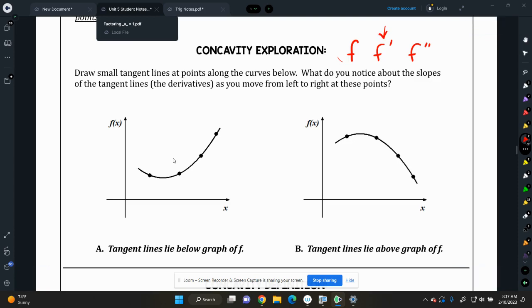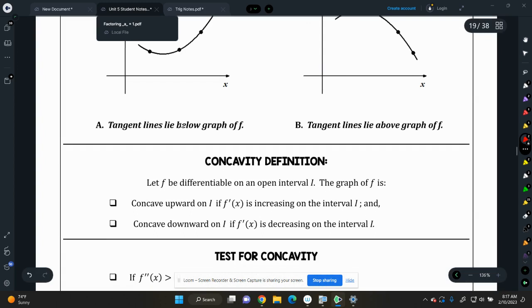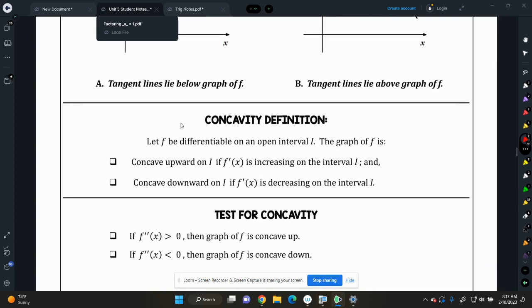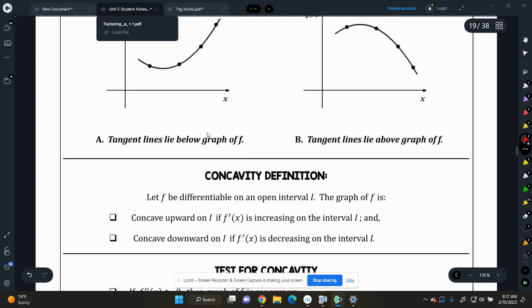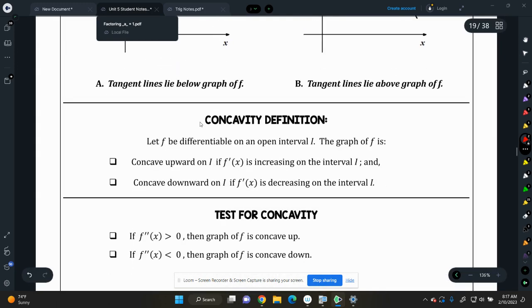Okay. So concave up means that f prime is increasing, right? If a function is concave up, then f double prime will be greater than 0. If f double prime is greater than 0, then I know that f prime is increasing, because f double prime is the derivative of f prime.